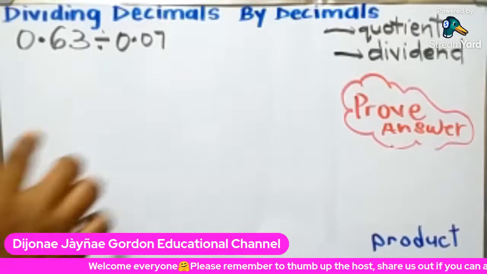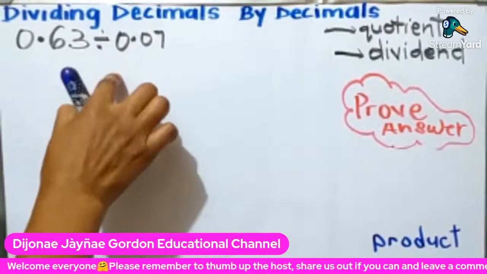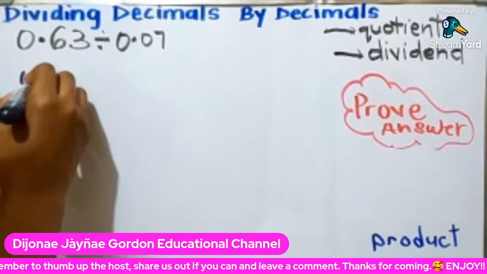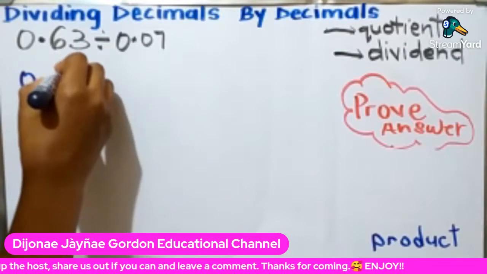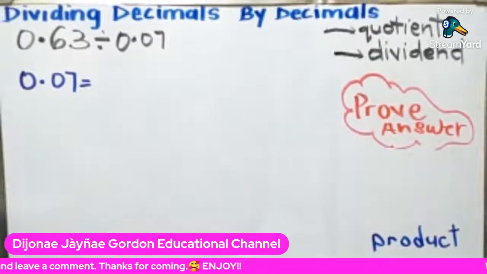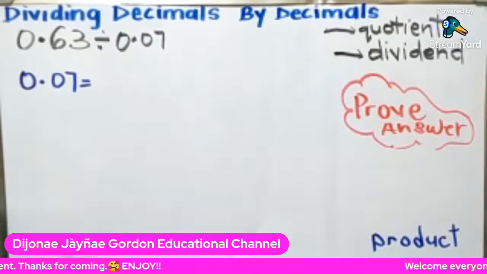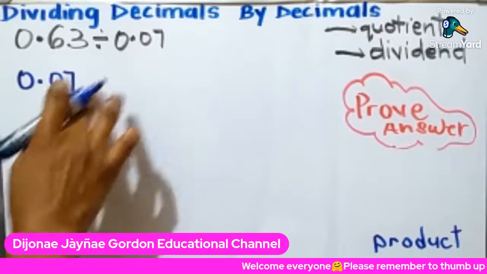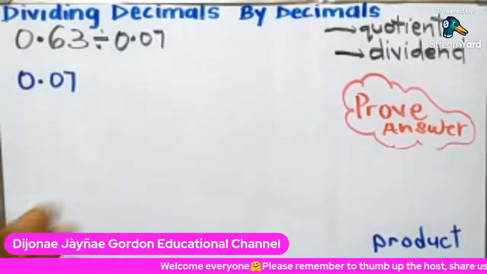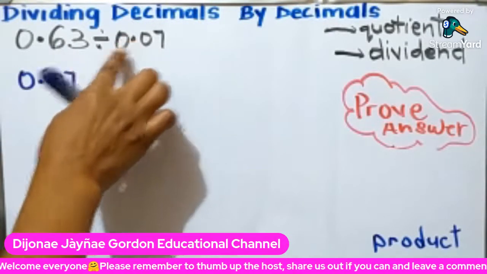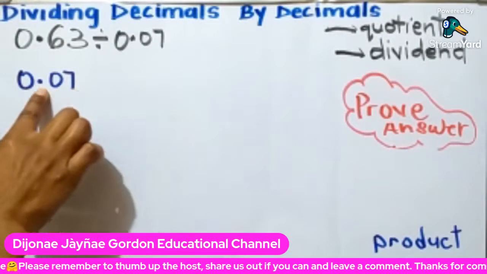All right, so the first thing you're going to do is to take your divisor, and that is 0.07, and that's our divisor. All right, so now we are going to multiply our divisor by powers of 10. All right, so here we have our divisor.